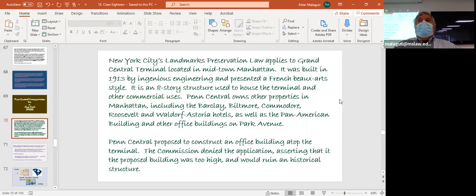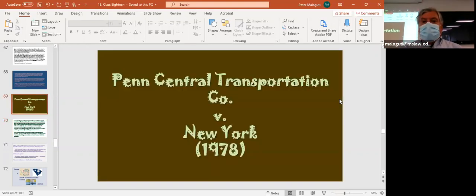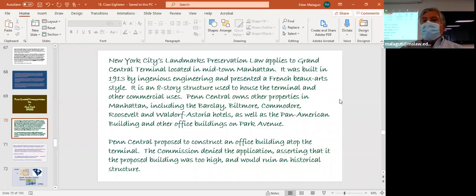they want to come in and have a high rise rise out of the facade. And they want a big high rise. They want it to go way up into the sky. And the zoning seems to allow them to do this, except the historic commission that's running this comes in and says, no, if you do that, you're going to ruin the presentation of the Beaux-Arts architecture.